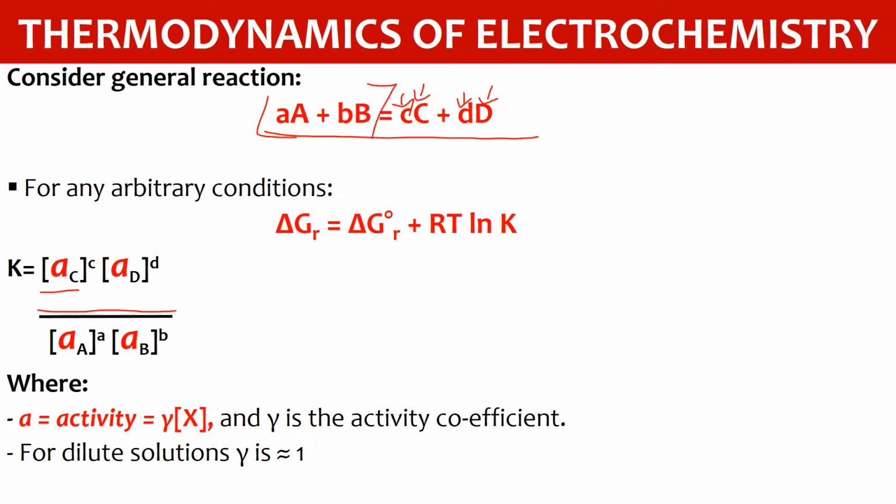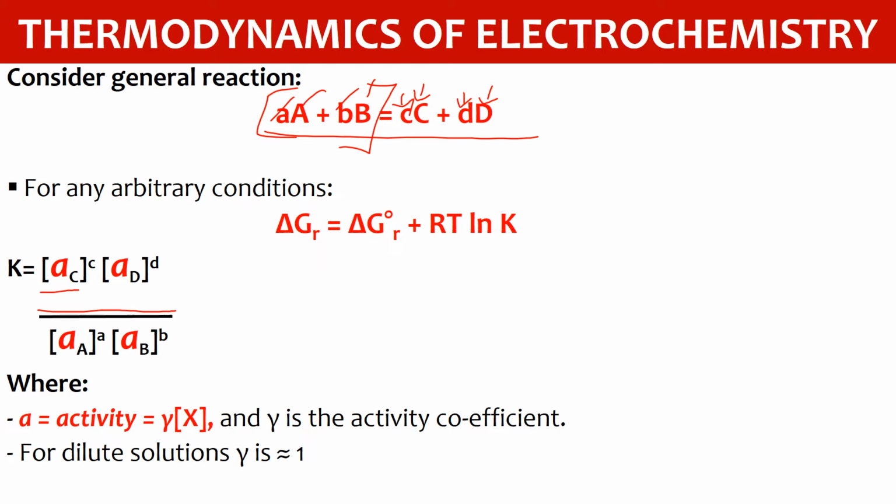So the activity of A to the power small a, times the activity of B to the power small b in this case.